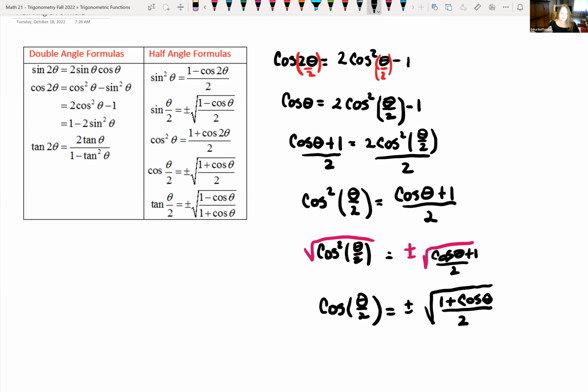Notice that we have this plus or minus in front of the square root, and that is determined by which quadrant we're in. It depends on the quadrant that our half angle is falling in.